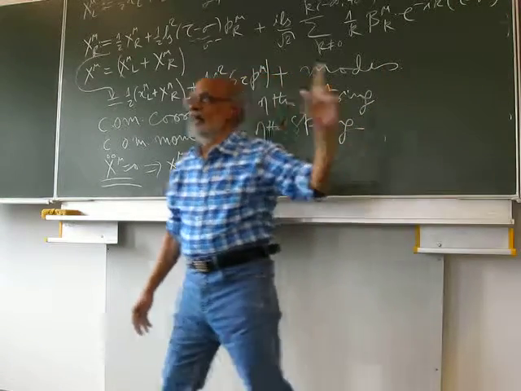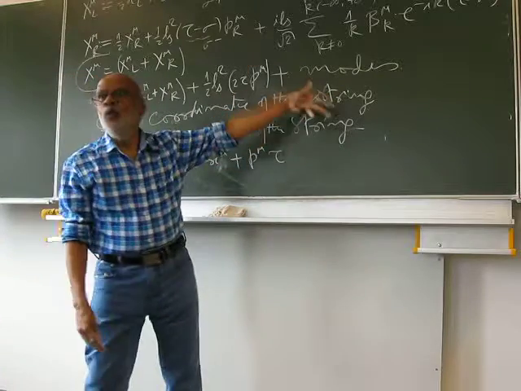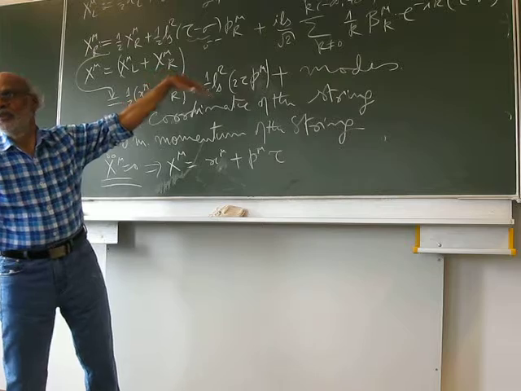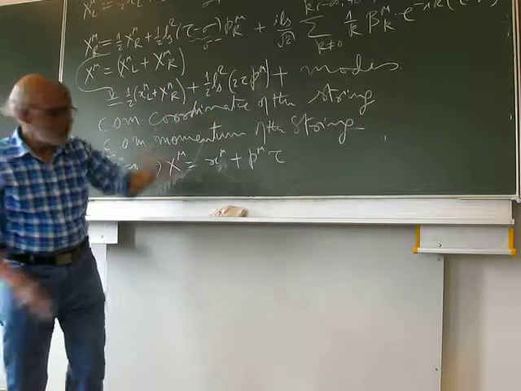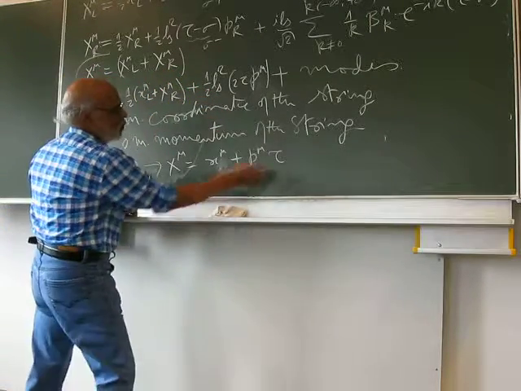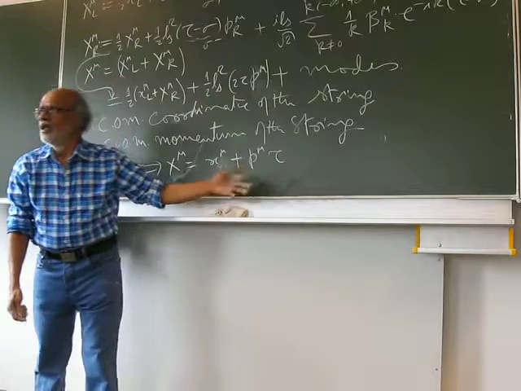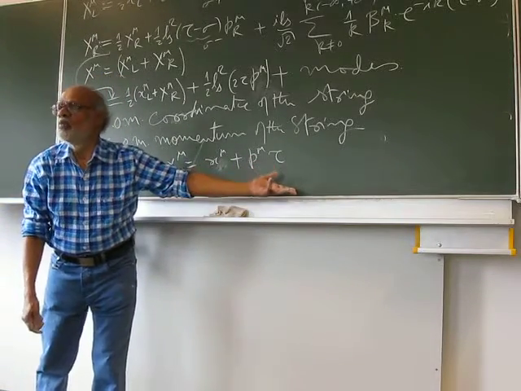So it oscillates via the second part, and it moves around with the sum of these two. All right? Okay. And this is just a demonstration for a free particle.